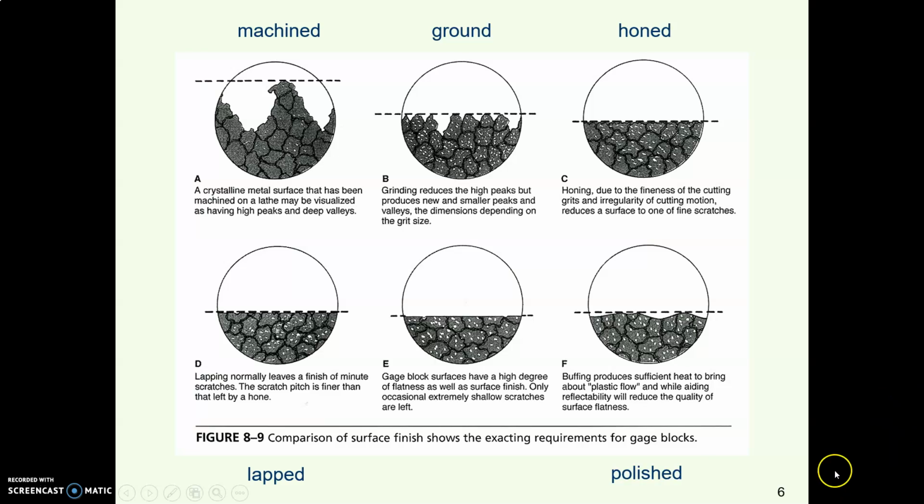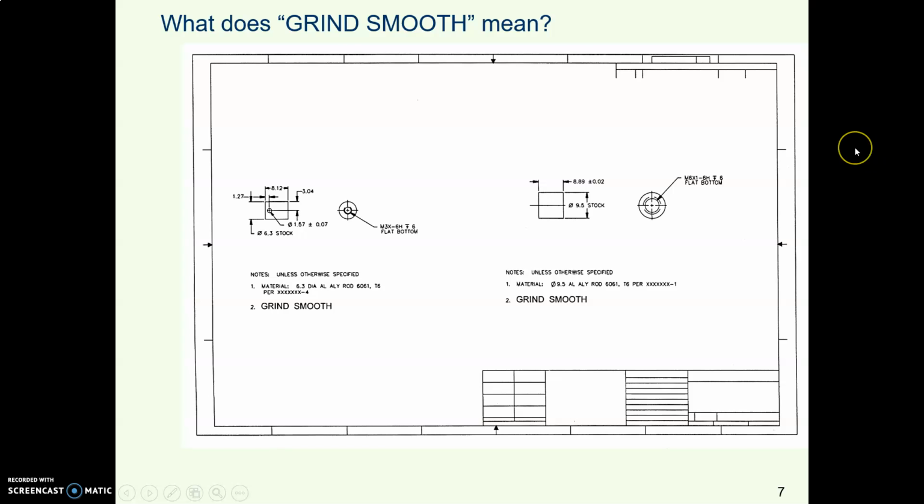If you look closely at surfaces of parts, you can see grains of metal if it's a metal part, and you can see that even in a machined or a ground part, there is roughness. So here's a drawing, and let's say you want these parts to be smooth, and you trust your machinist, so you just write this note on the drawing: grind smooth.